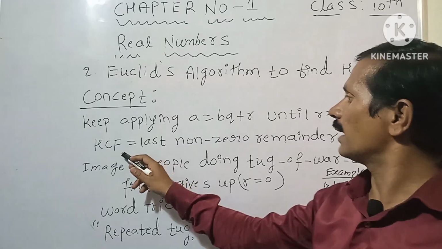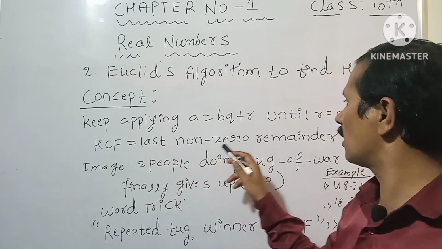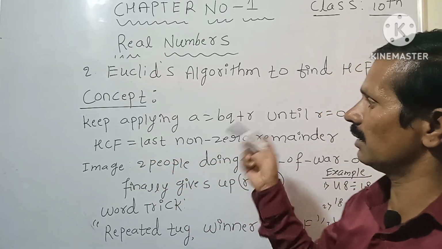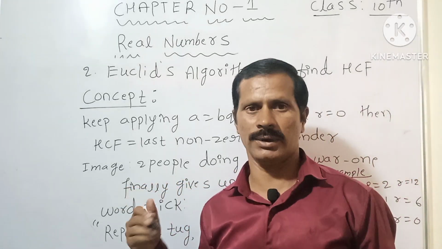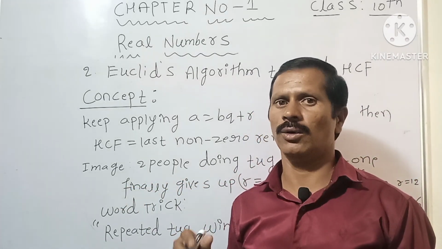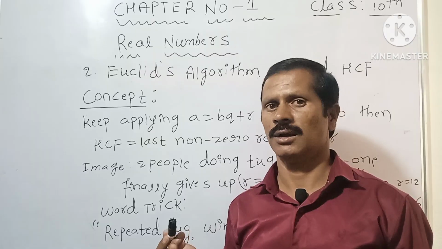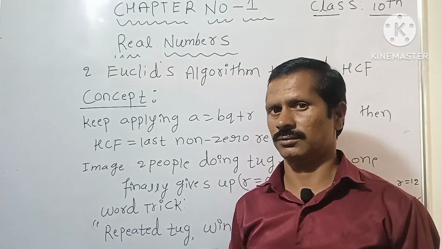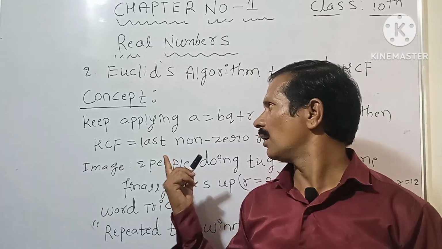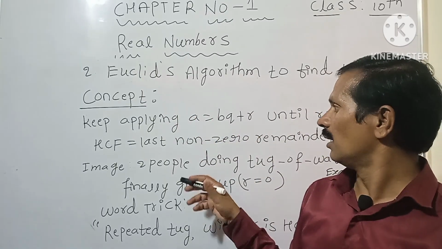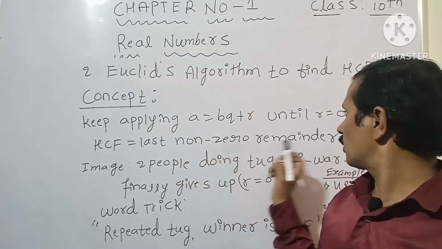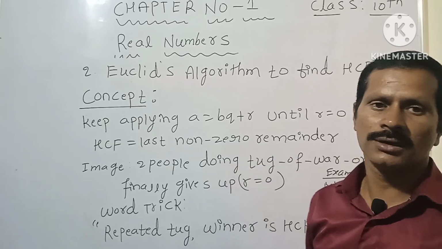Then the HCF equals the last non-zero remainder. When finding the HCF of any numbers, you continue until the remainder is 0; that is Euclid's algorithm.